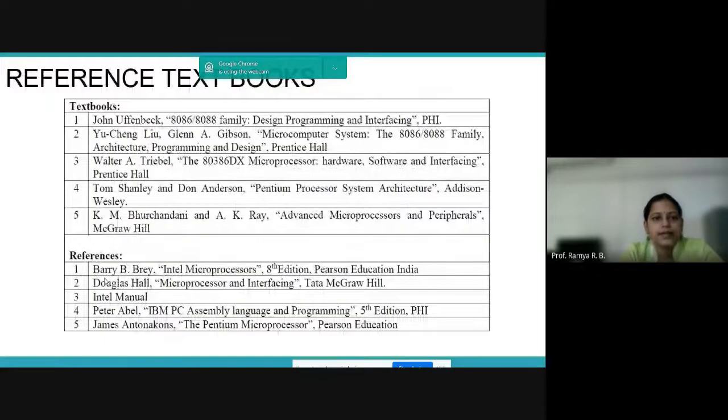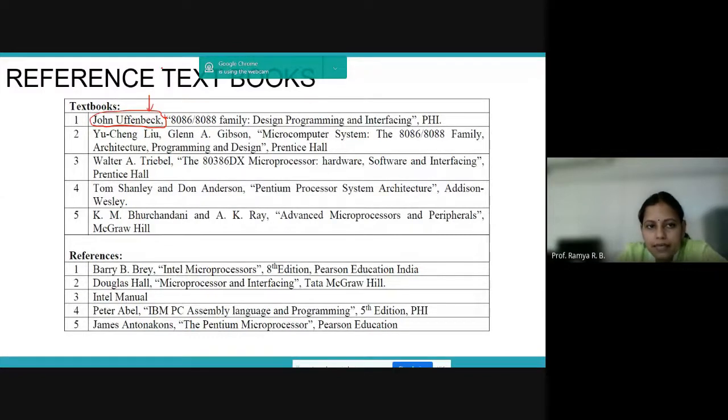And then the reference textbooks that you can use are also given in your syllabus. I wouldn't suggest any single textbook because most of the concepts are not there in one single textbook. All these are equally recommendable, but try if you can get a soft copy of Uffenbeck.